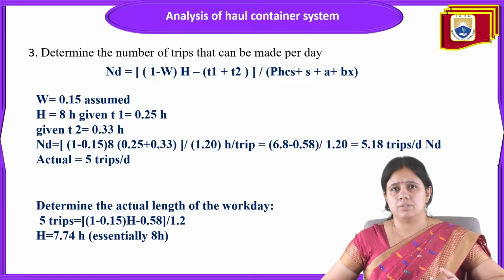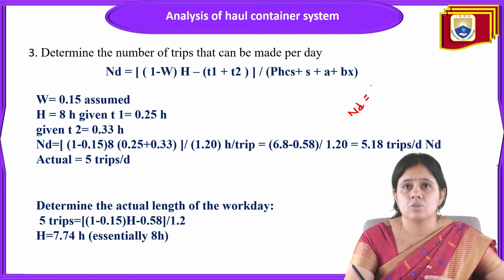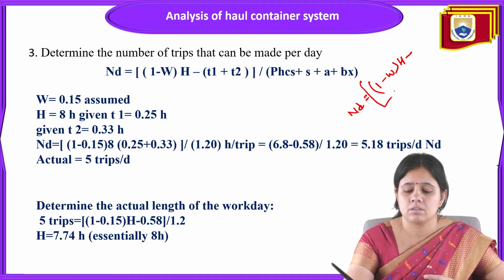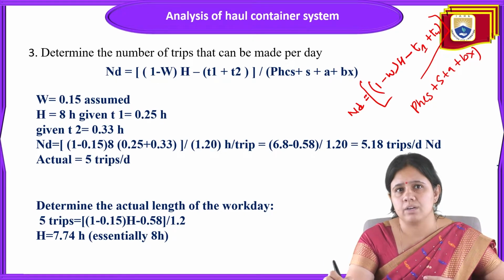So it will be calculated by this formula: ND is equal to 1 minus W, H minus T1 plus T2, divided by PHCS plus S plus A plus B. This has already been calculated.